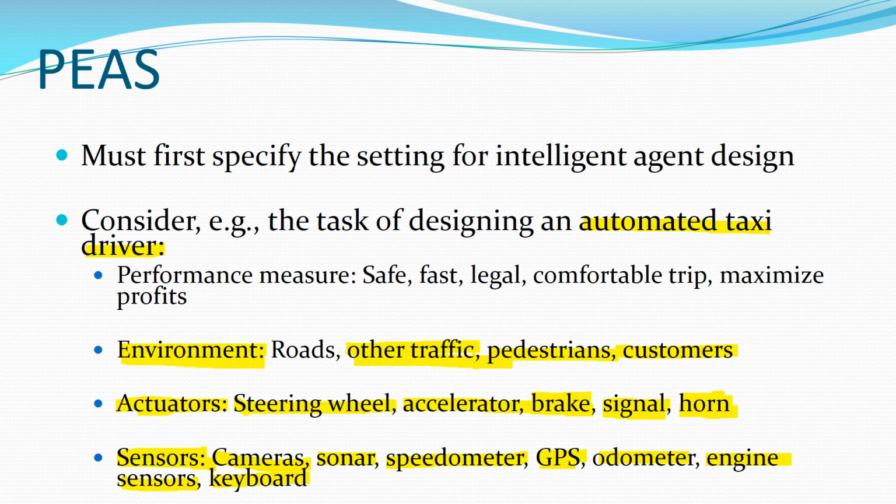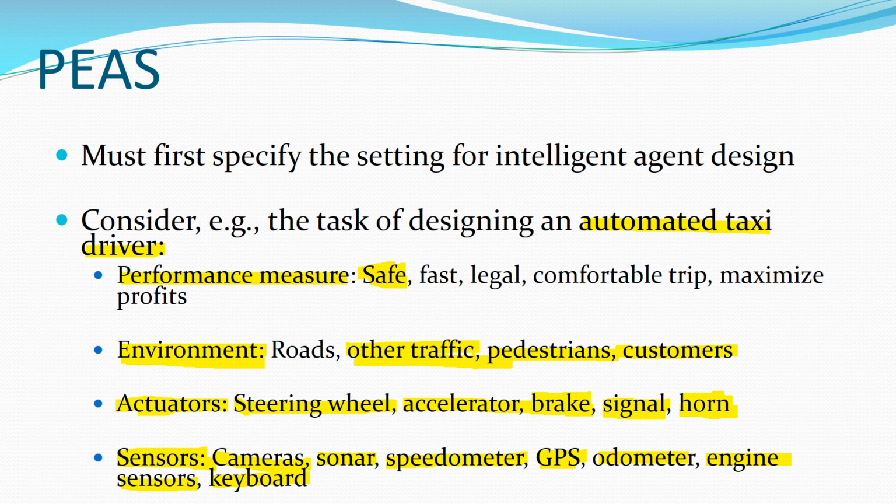Now after seeing the environment, actuators and sensors, we'll see the performance measures. How happy will you be after using an automated taxi driver agent? You will be satisfied if the automated taxi driver agent drives safely. So safety is a performance measure.